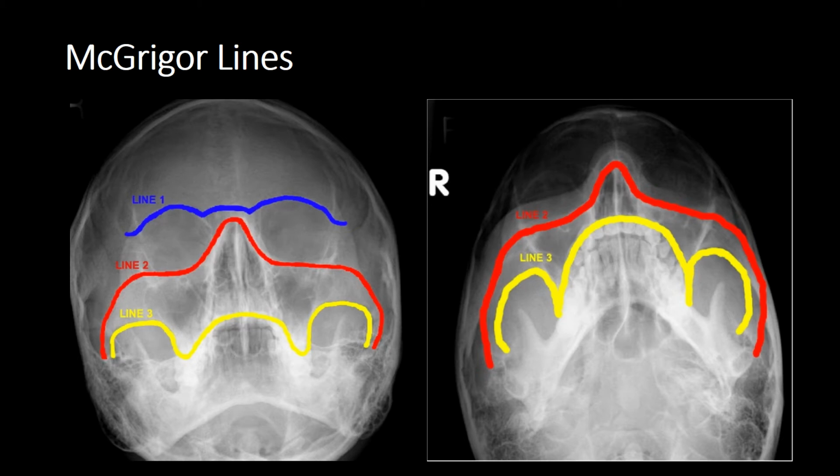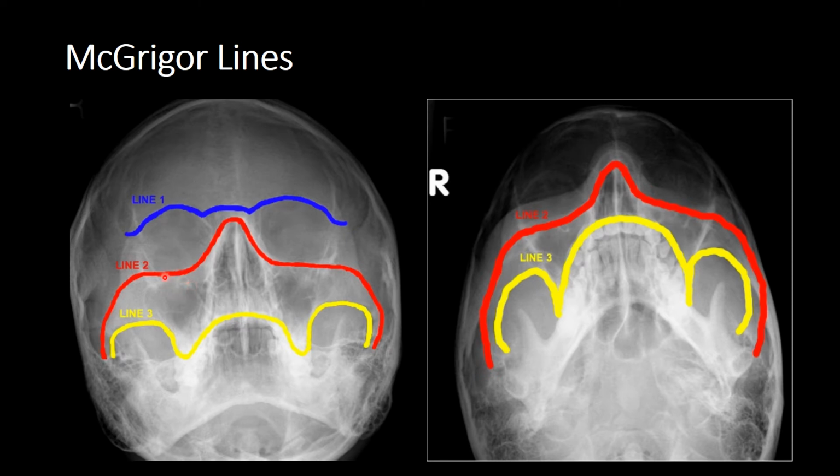Now line 2, we go over the superior border of the zygomatic body, over the infraorbital margin, up over the medial aspect of the nose, assessing for nasoethmoidal fractures, and out the opposing side. So with this particular one, it's good to assess for disruption to the zygoma and to the infraorbital margin particularly.